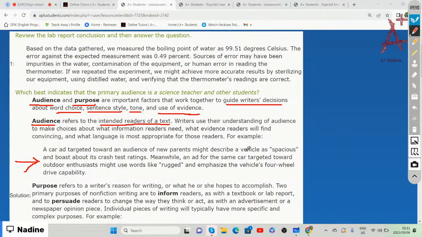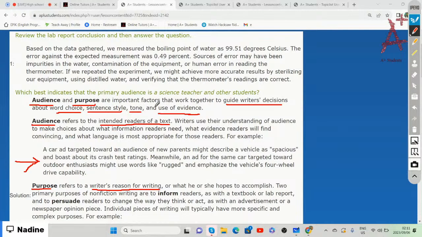Then we have purpose. Purpose refers to a writer's reason for writing. So what is the purpose of this writing? What is the purpose of the text? What is the reason? Yes, the audience is identified, but what is the reason for writing?